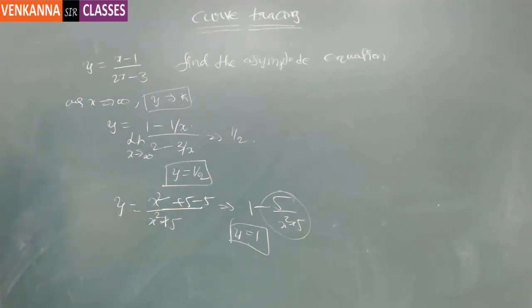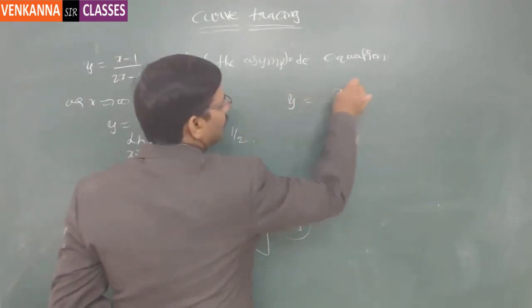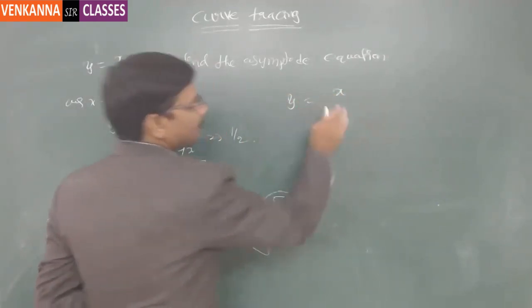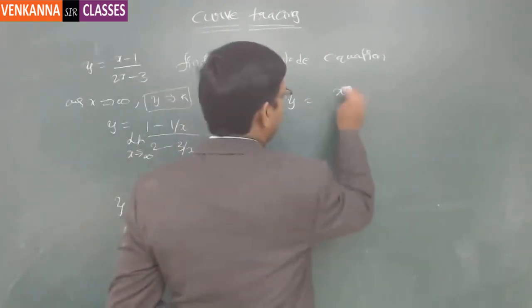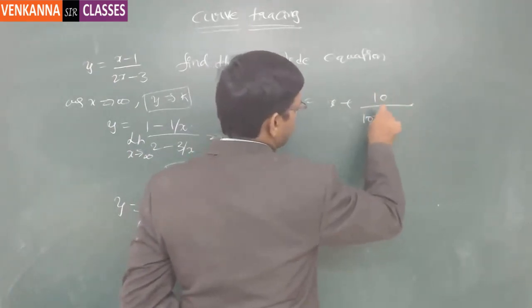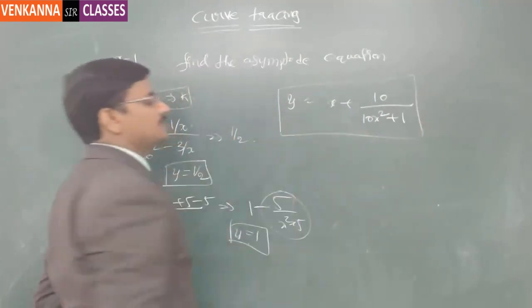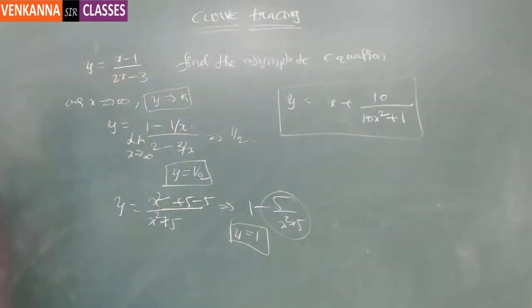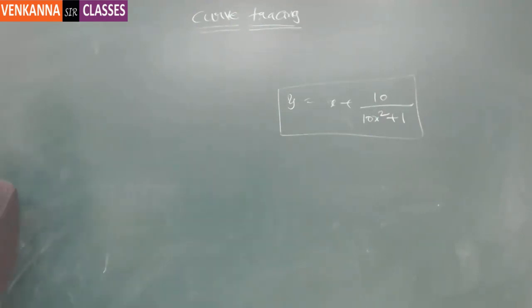Got it? Y is equal to x plus 10 by 10x square plus 1. What is the equation of the asymptote? Y equal to infinite cannot be an asymptote at all.